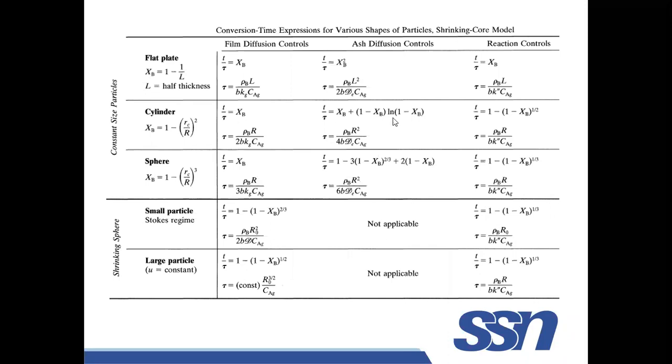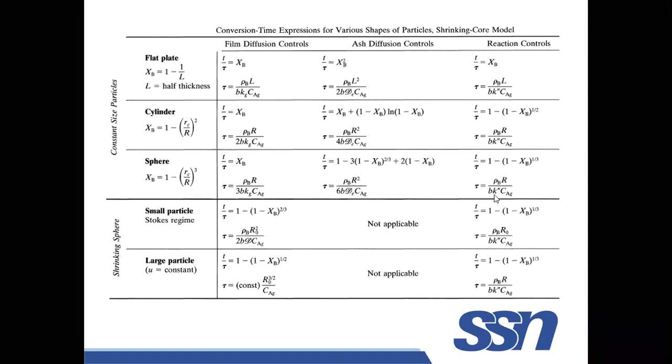One more thing which is different, the CAg is the same in all, but the different one is gas mass transfer coefficient for film. For ash, you get De, that is the effective diffusion coefficient we call. And for reaction, you get k prime, that is nothing but the rate constant.